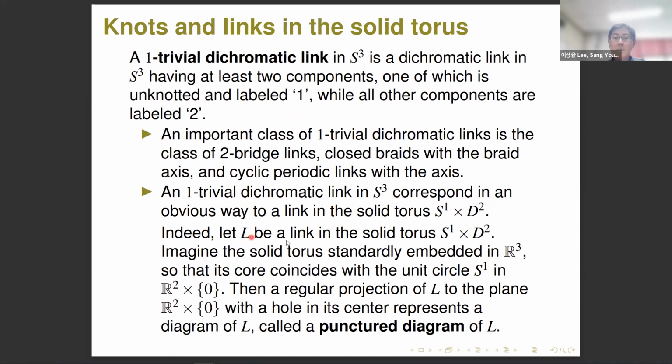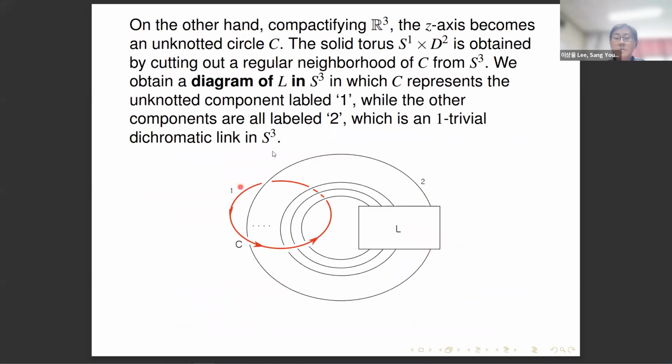Actually, let L be a link in the solid torus. Now imagine the solid torus standardly embedded in 3-space R3, so that its core coincides with the unit circle in the XY plane. Then a regular projection of L to this plane with a hole in the center represents a diagram of L, called the punctured diagram of L. The picture is like this.